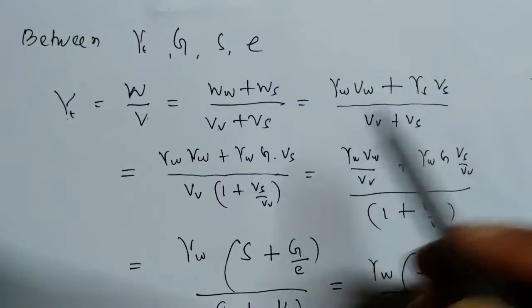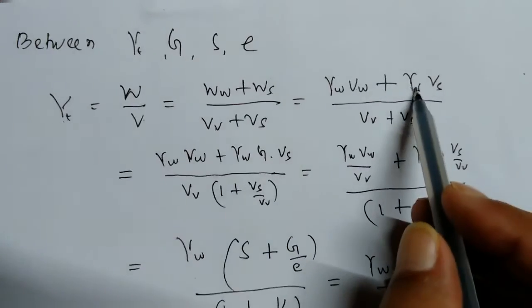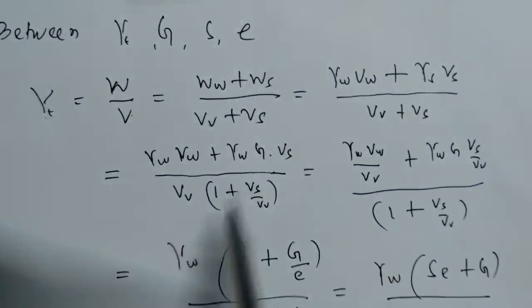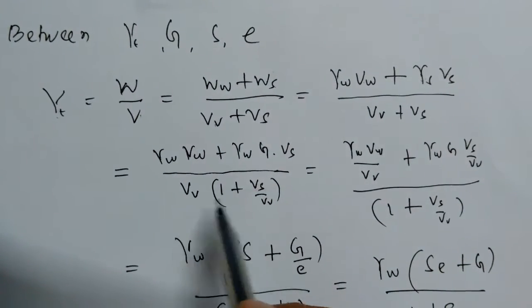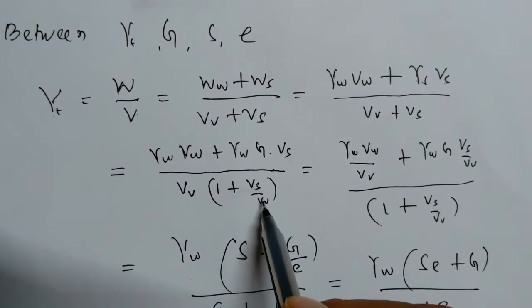Now gamma S is gamma W into G, and below taking Vs as common, it remains as 1 plus Vv by Vs.